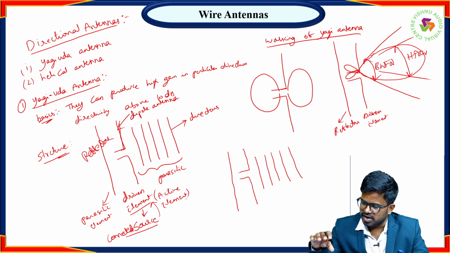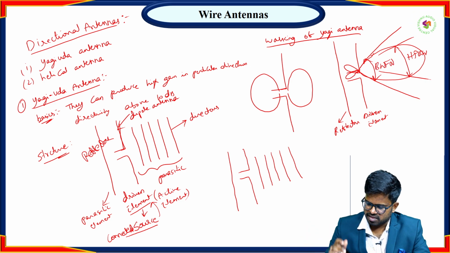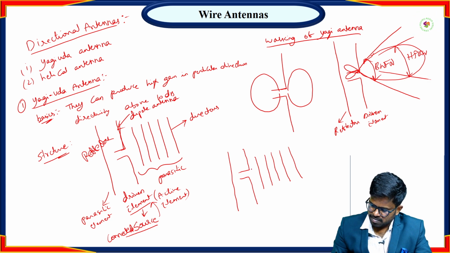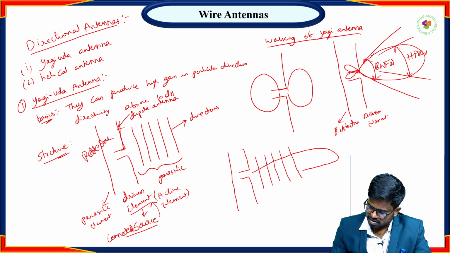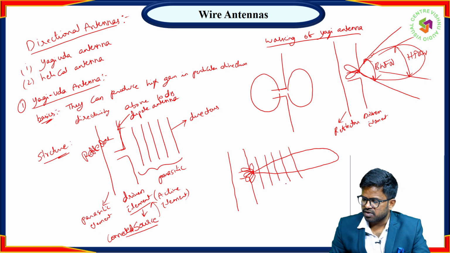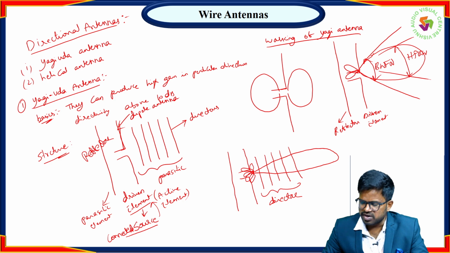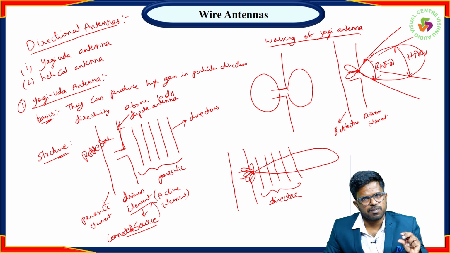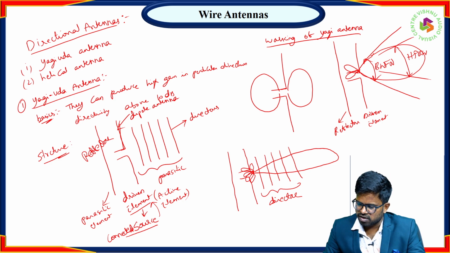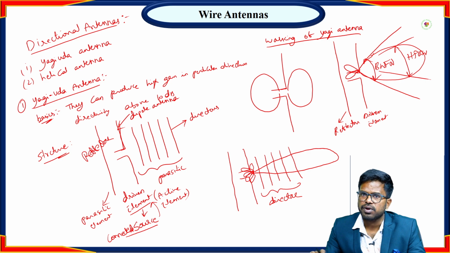That beam width will be reduced if you use the directors. Then what happens? The beam width will be reduced and they will focus in one particular direction with a longer distance. Some small side lobes. So when we place these directors, beam width will be reduced. When beam width is reduced, they can focus in one particular direction with more gain.